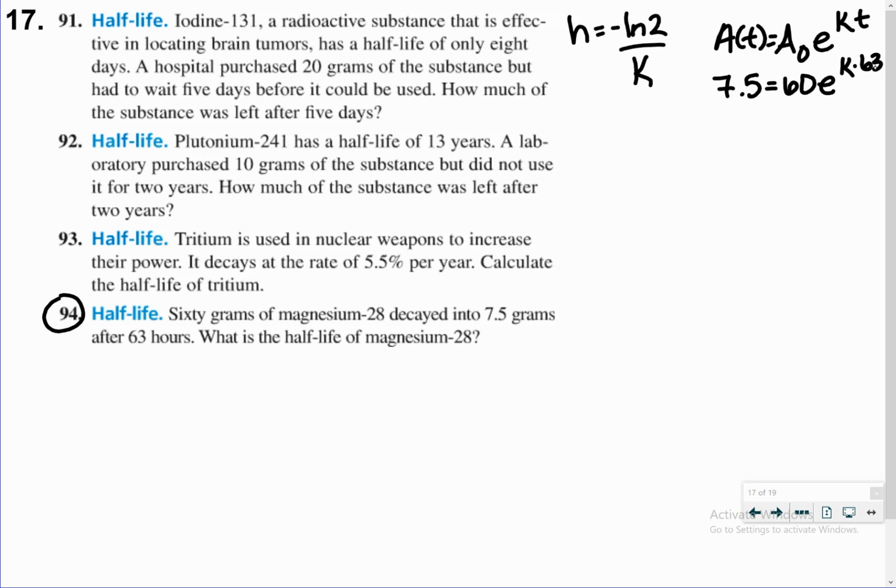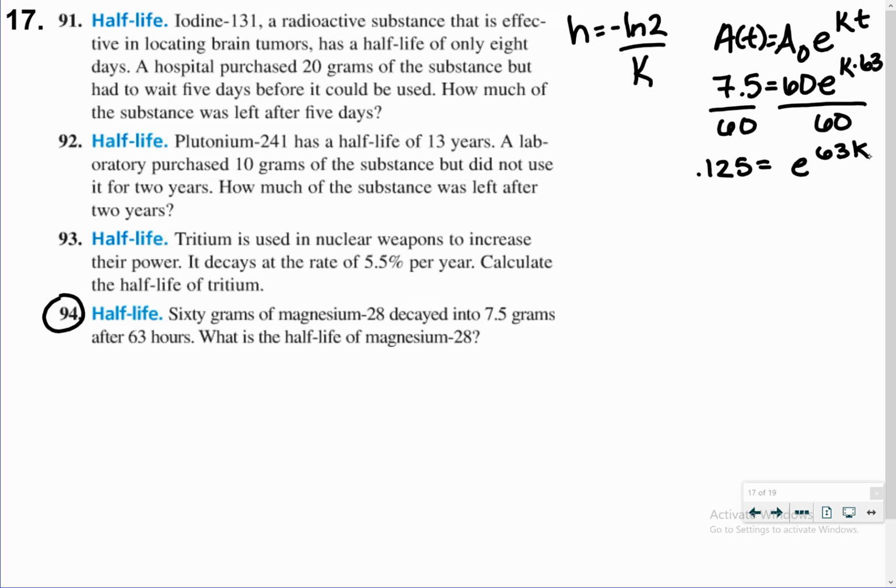If you look at this, this really looks like the problem we just did a second ago. It's the same sort of form. I'm going to divide by 60 first. You can keep it like that if you want to keep an exact answer, or this one divides pretty: 0.125 equals e to the 63k power. So I can take the log of both sides and bring the exponent down.